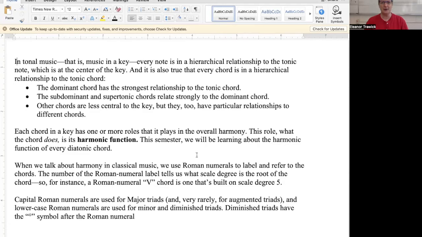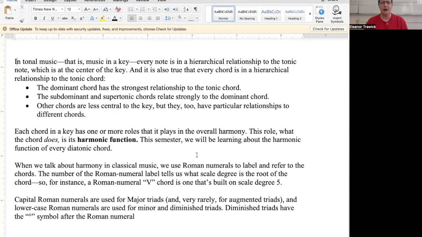That's why in sight singing and ear training, we are training you to be able to tell where you are in the scale and to be able to hear the unique sound of scale degree 4 in a major key, for example, or scale degree 6 in a minor key. And that's why each scale degree has its own name that you learned in Chapter C. So every note is in a hierarchical relationship to the tonic note, which is at the center of the key.